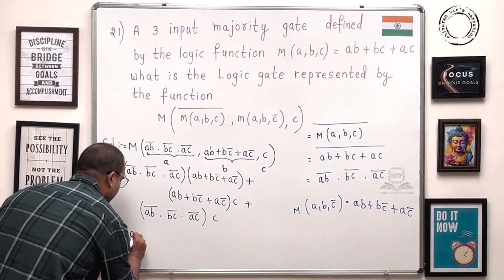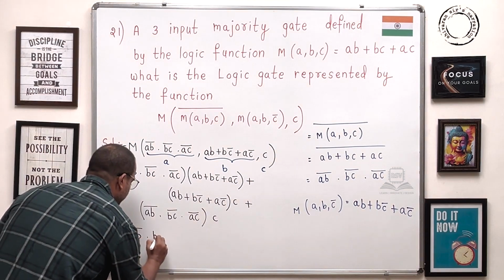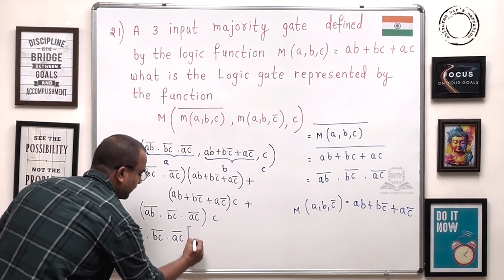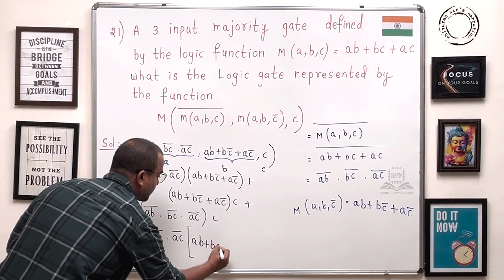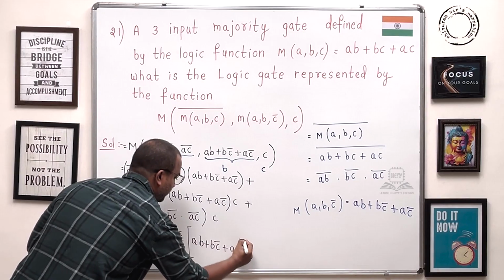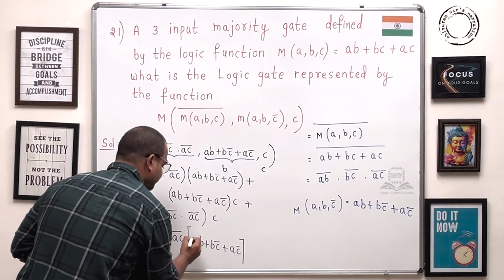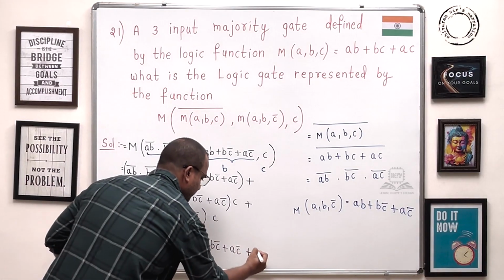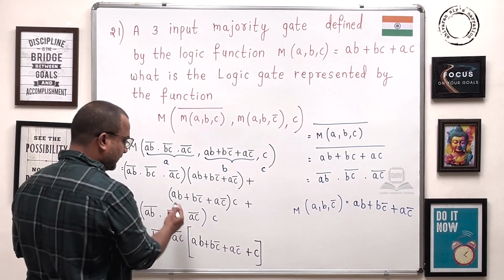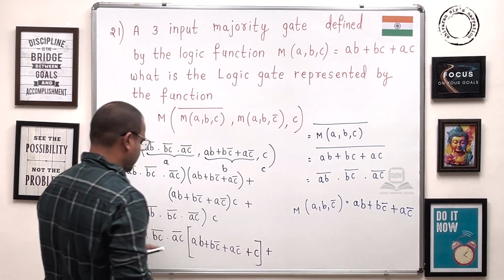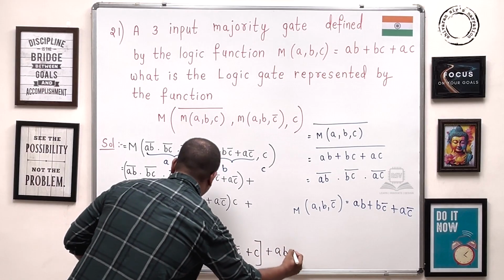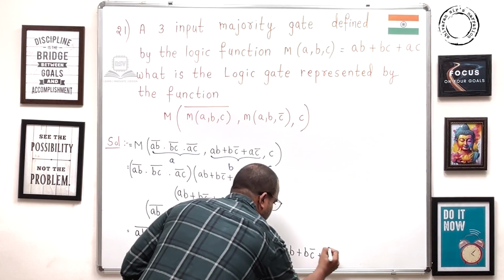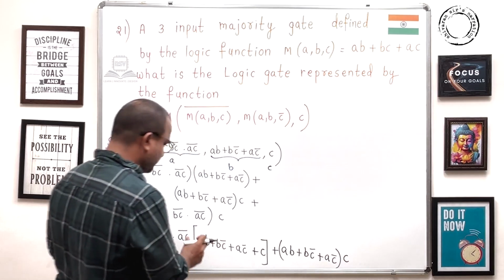So we are writing this as common, AB whole bar into BC whole bar into AC whole bar, into this AB plus BC bar plus AC bar plus C, and the second term as it is, that is AB plus BC bar plus AC bar into C. Okay, this function as it is.